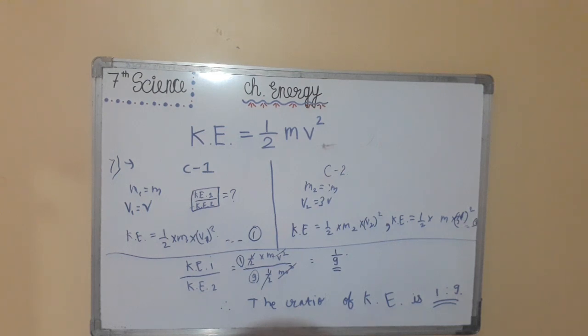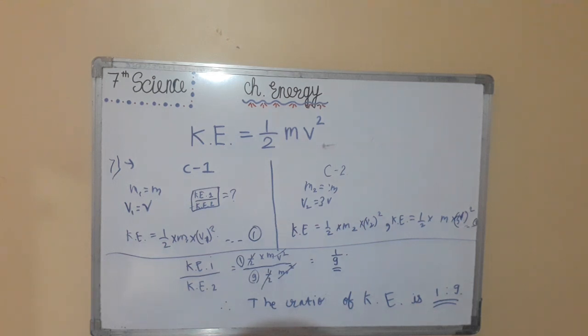Now we will solve the last question, question number 8. A moving body of mass 10 kg has 20 joules of kinetic energy. Calculate its speed.